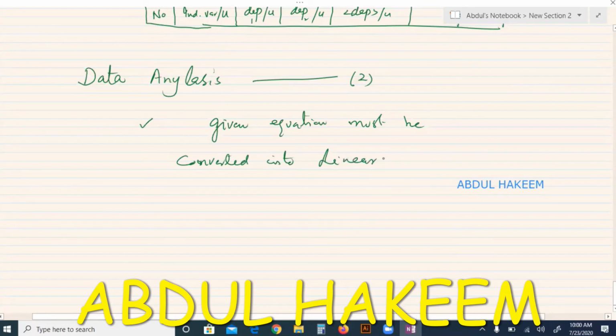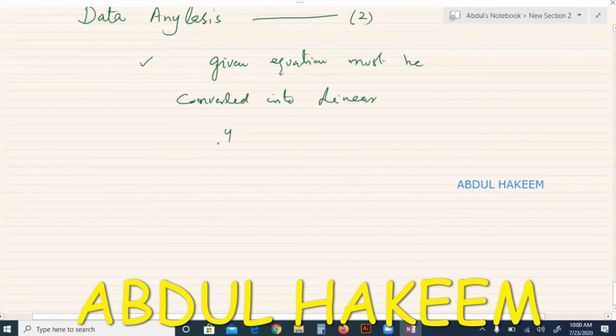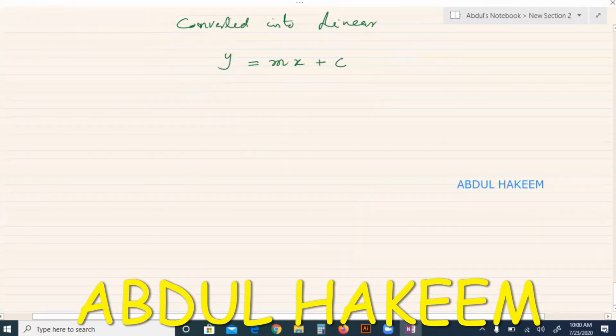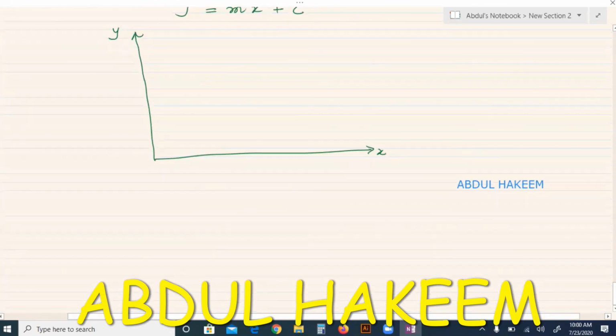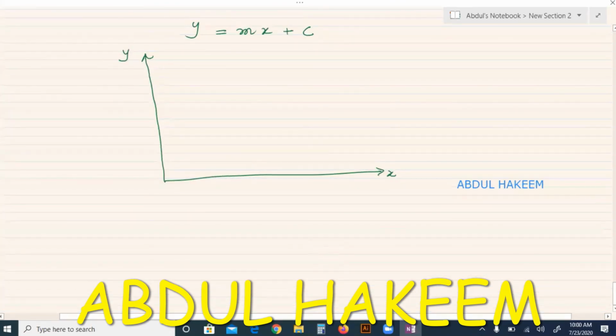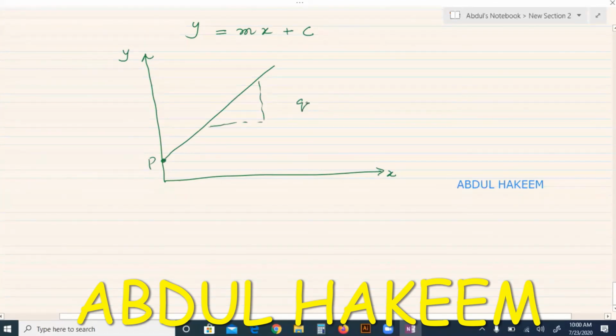And we have discussed already how to convert it. So we have to write this in this equation, and then we have to sketch the graph. Y-axis quantity, x-axis quantity, and then we have to write after drawing the graph. For example, this is the graph, and its y-intercept is suppose P, and its gradient is Q.